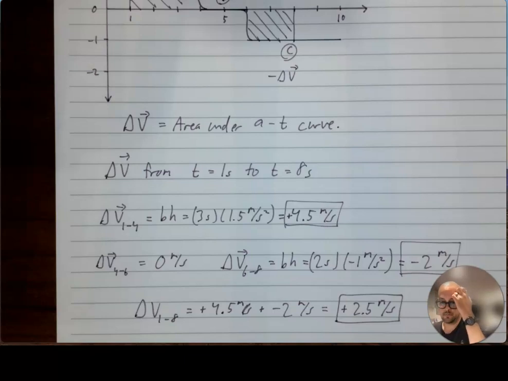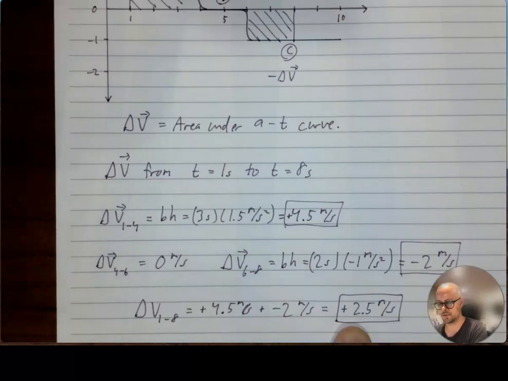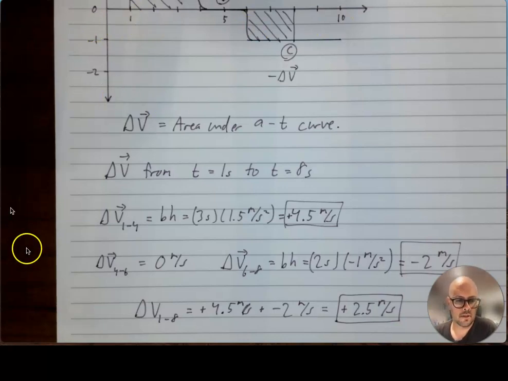But if the initial velocity was -5 meters per second, then the end result is that this object is still moving in the negative direction, just more slowly. And so we will put a lot of this all together qualitatively in the next video. But that is all of the core concepts that we're going to put together in this part of the unit.